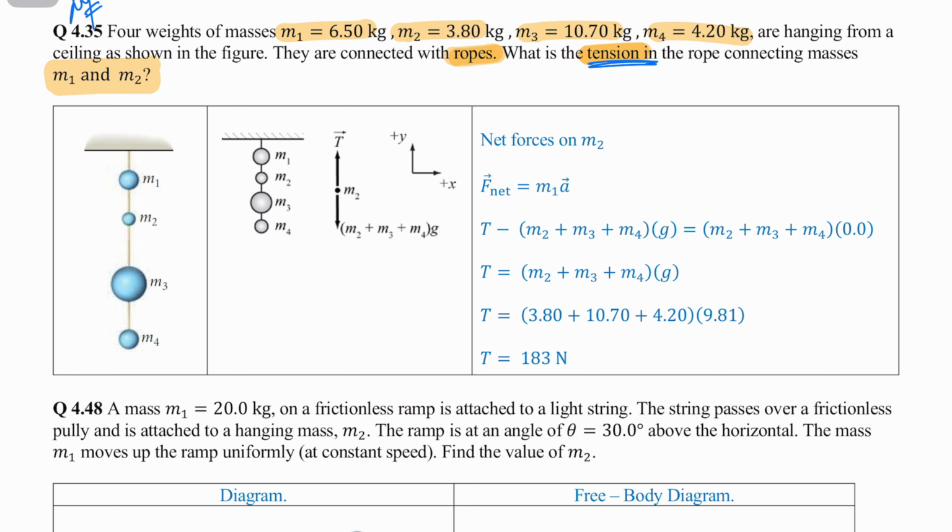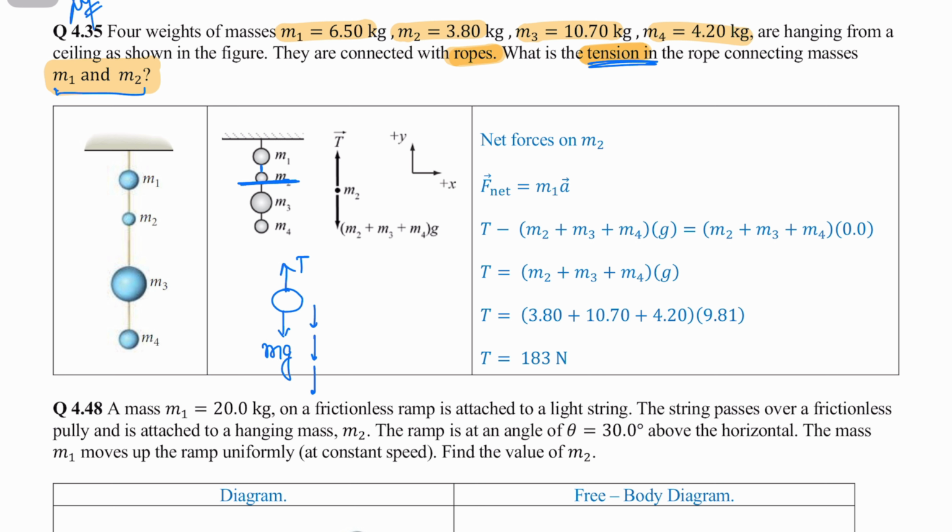So let's take a simple body. We say this is the tension and this is the mg. Yes or no? What he said is the rope connecting masses M1 and M2, so M2 for us is the body. Whatever the mass is below, just take all of those values.